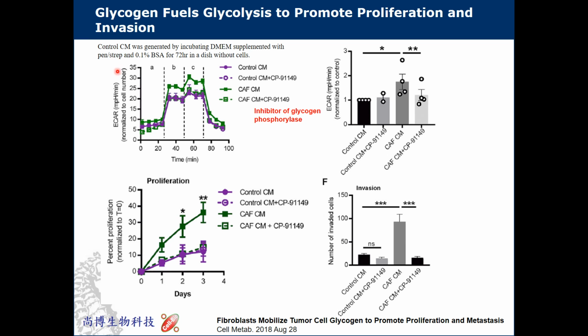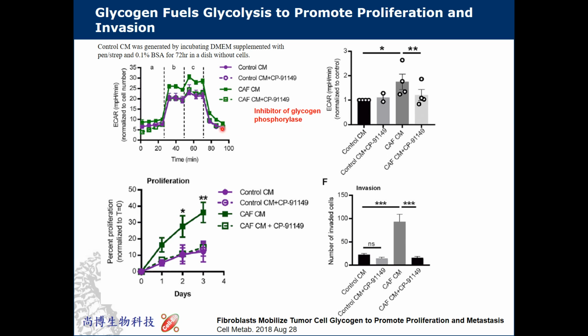Here is the experiment condition. We divide into 4 groups. One is the control without CAF conditioned medium, and one with CAF conditioned medium. And we add another condition, CP91149. It is an inhibitor of glycogen phosphorylase. It will make the cell not have extra glucose to do the glycolysis.